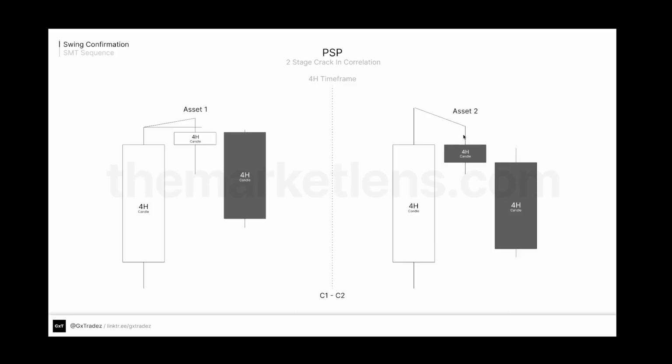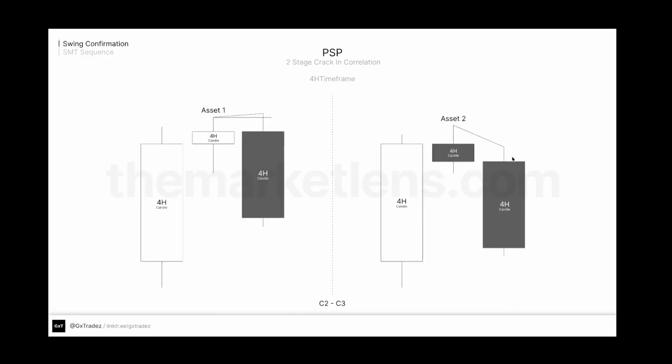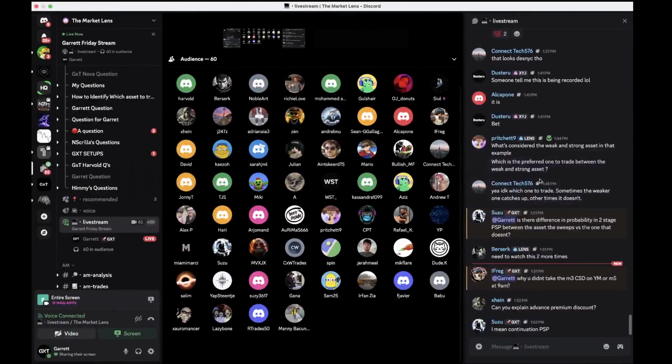Because it has the bearish closure and it doesn't sweep out the candle's high, right? So this asset's going to be the best to trade. Does that make sense? As well as this one, right? Your first stage conclusion will be a PSP. You want to trade this asset because it's weaker, right? Does that make sense? Yeah, you may need to watch it more times, but yeah.